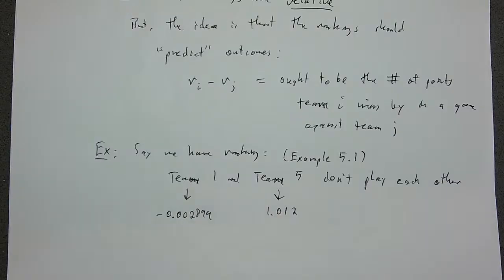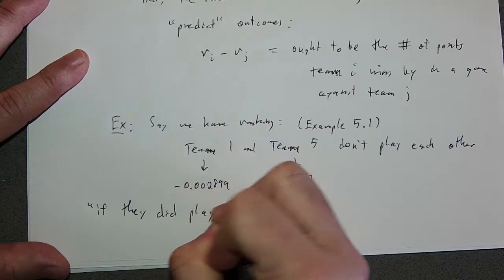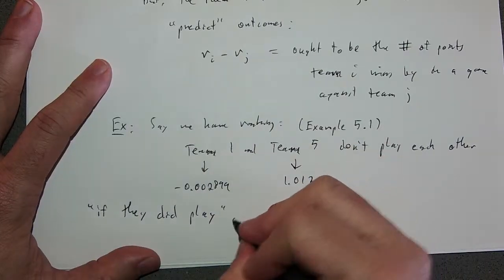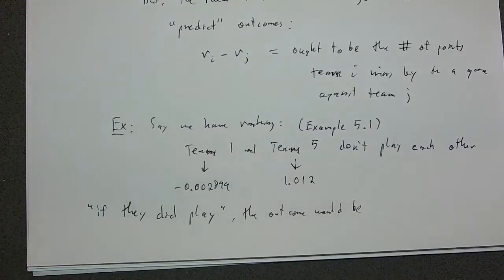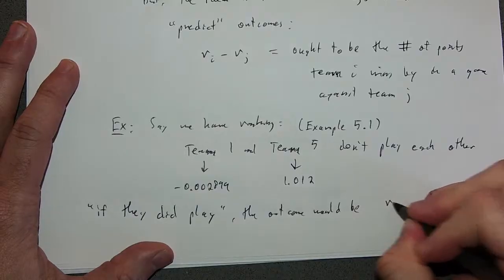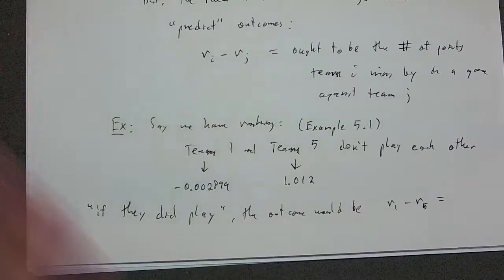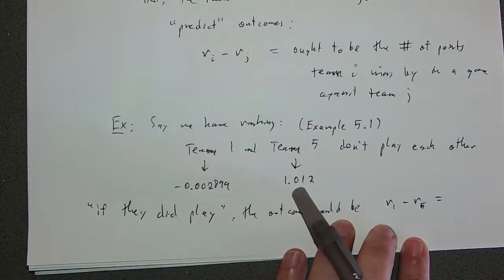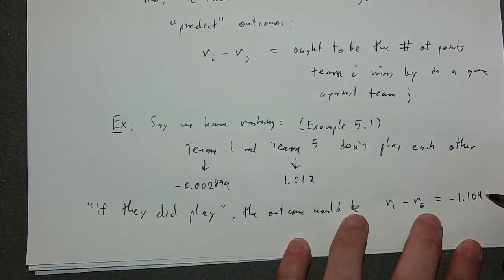So even though they don't play each other, if they did play, then the outcome would be r sub 1 minus r sub 5, which for these two is -0.002899 minus 1.012, which would give me -1.104099.